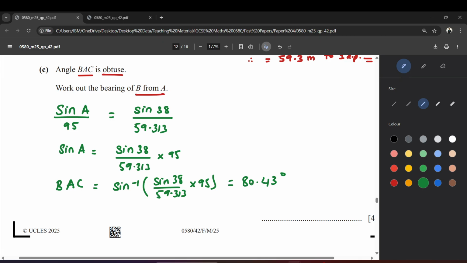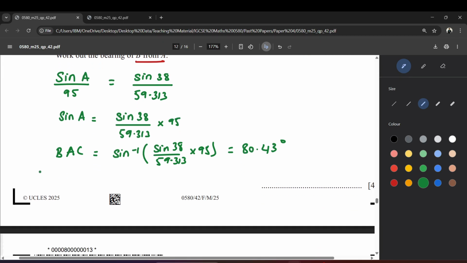But you're getting 80.43. So the obtuse angle would be 180 minus 80.43, which is equal to 99.57.